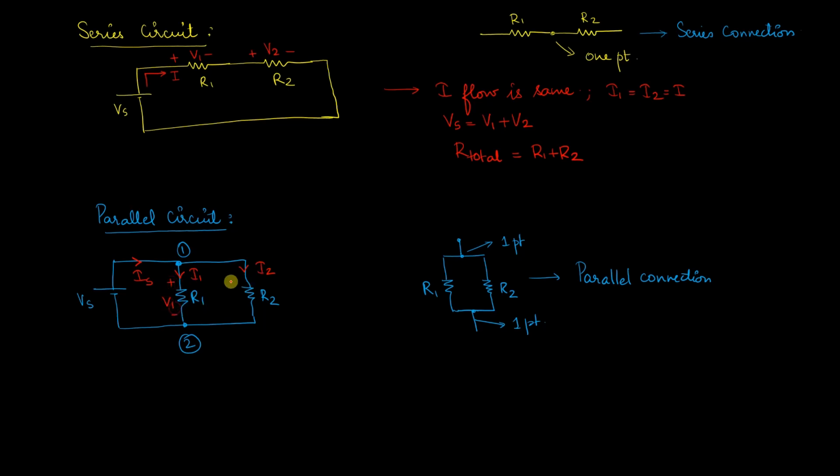Let me mark the voltages as V1 and V2. So here the voltages are the same. So Vs will be equal to V1 equal to V2, whereas the currents Is will be equal to I1 plus I2.